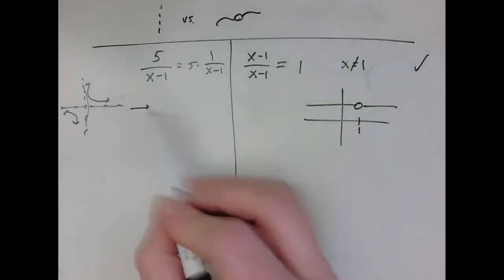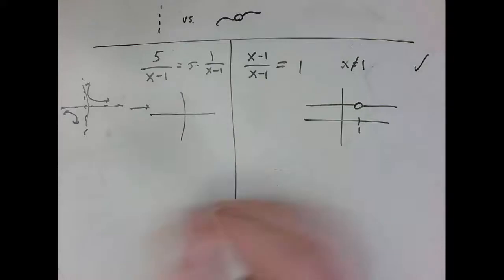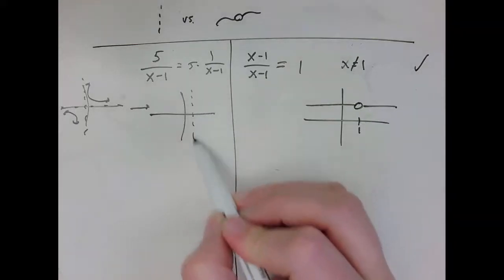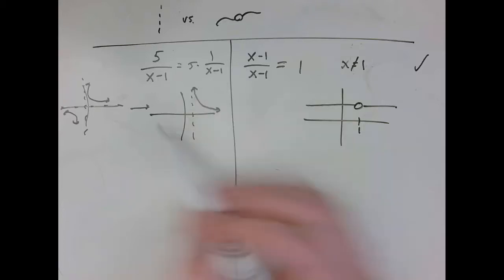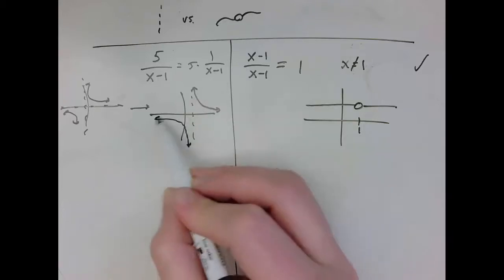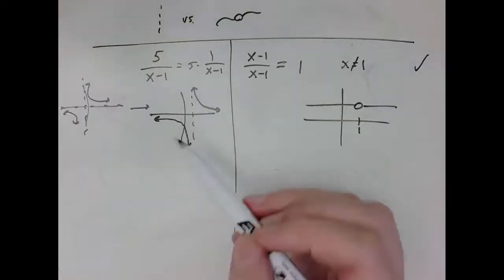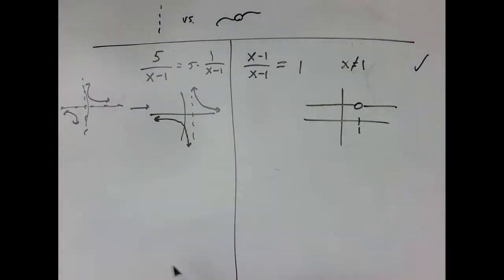So when I shift the whole thing right by 1, the vertical asymptote shifts over to 1. Everything else remains the same. Vertically scaling it is going to change some of the y values here, but since I didn't label my y-axis, you can't tell. Okay, so far so good.